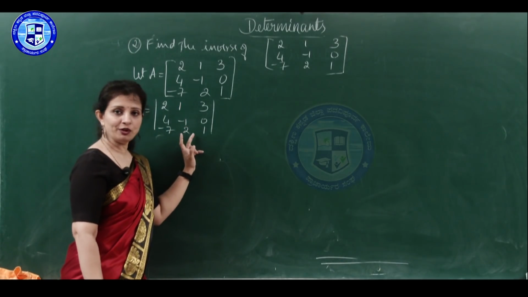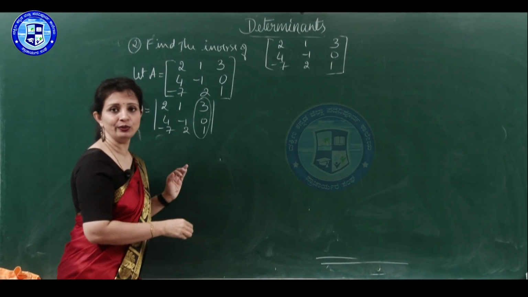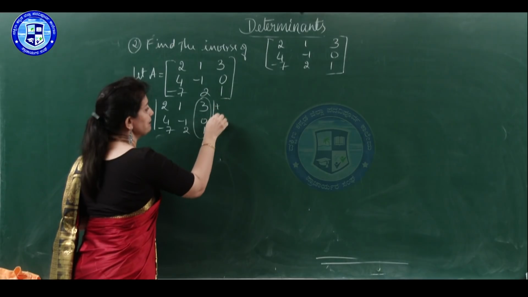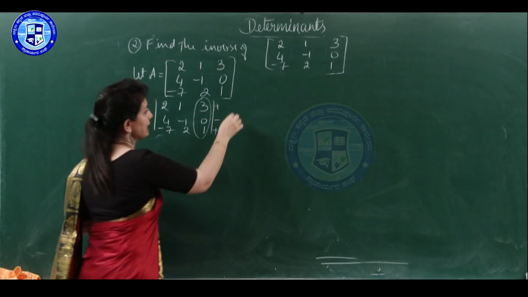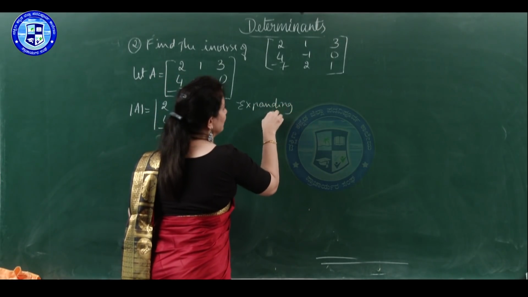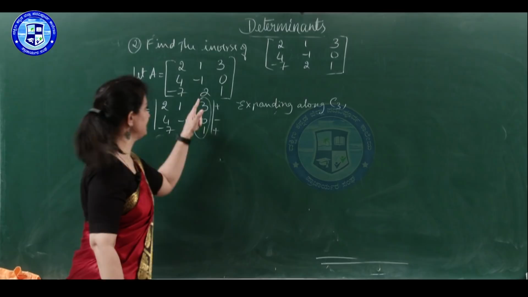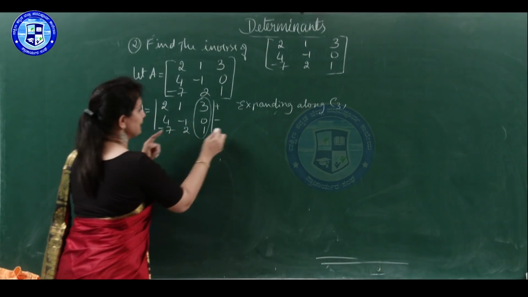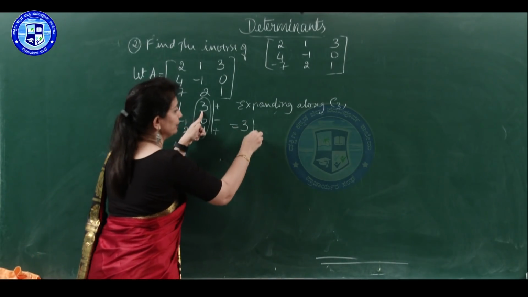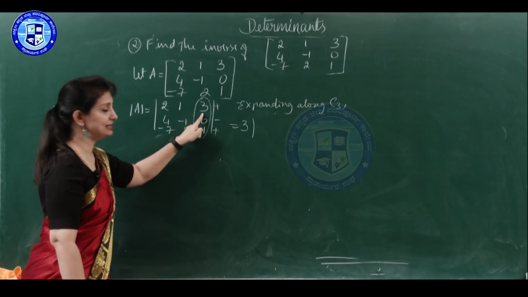In which row or column you have 0, you can expand along that. Since the third column has 1, 0, we expand it along the third column, C3. So the position signs are plus, minus, plus. So expanding along the third column, C3, which is equal to, first is plus 3 into determinant of, leave the first row and third column where 3 lies.